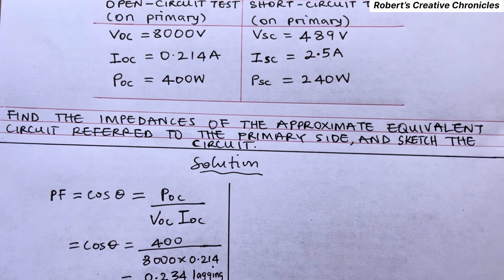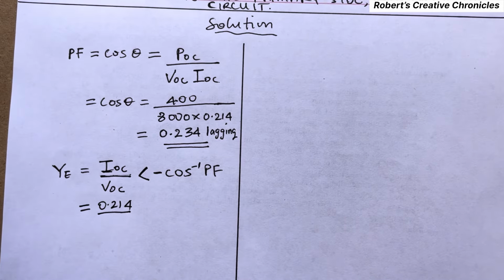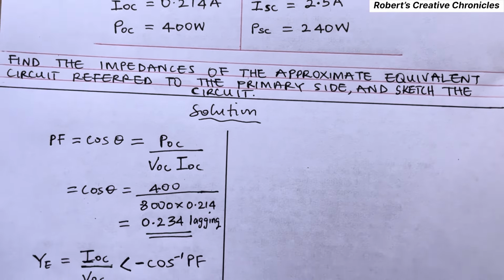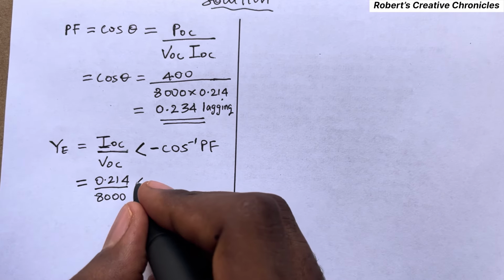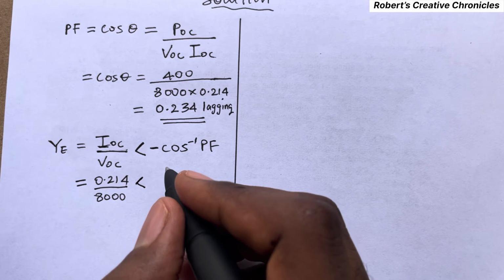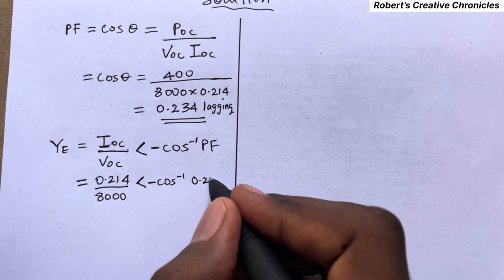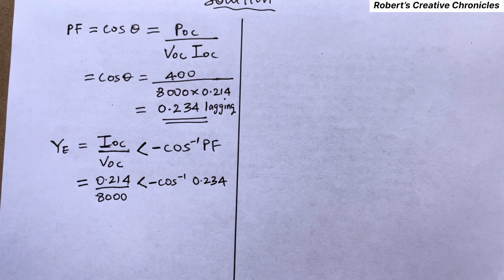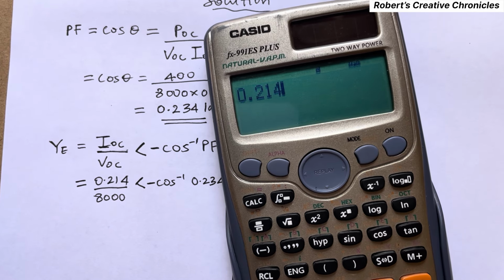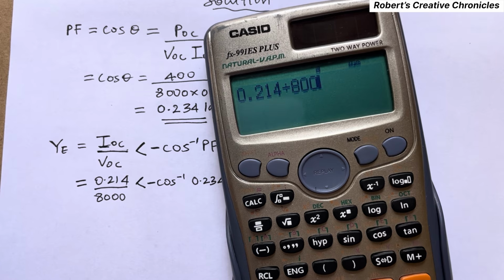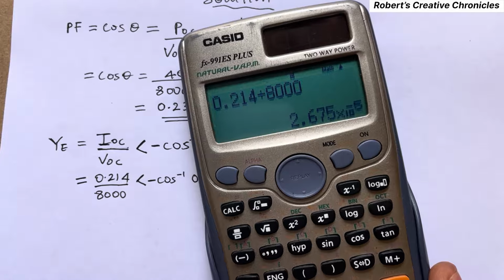So now the open circuit current is 0.214, the open circuit voltage is 8,000, and the power factor is 0.234. So this is 2.675 times 10 to the power of minus 5.